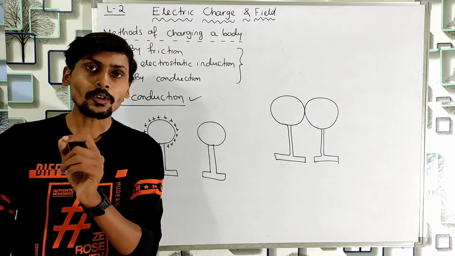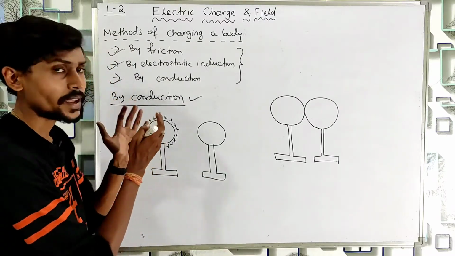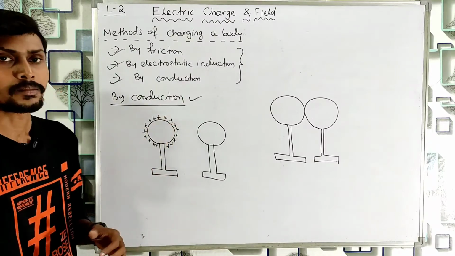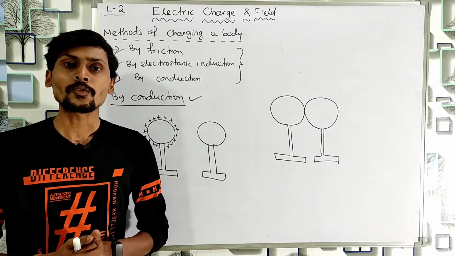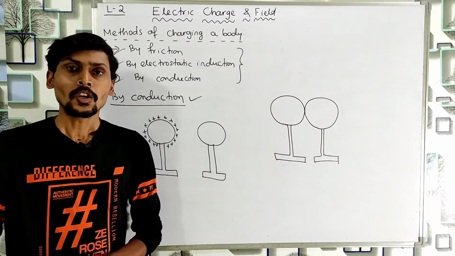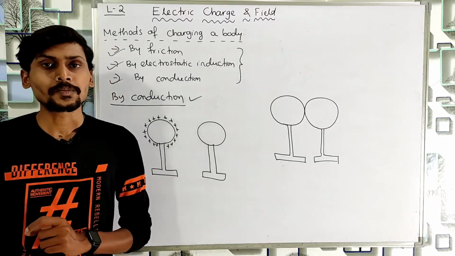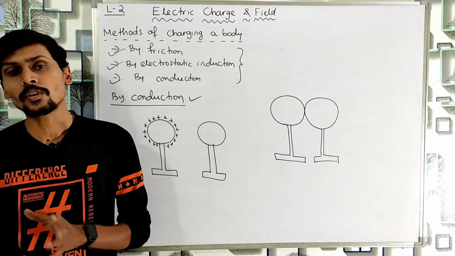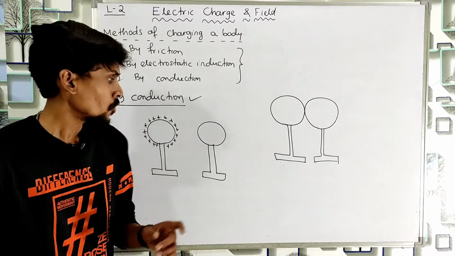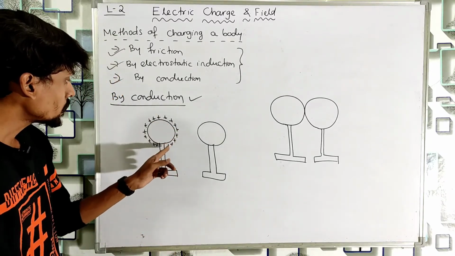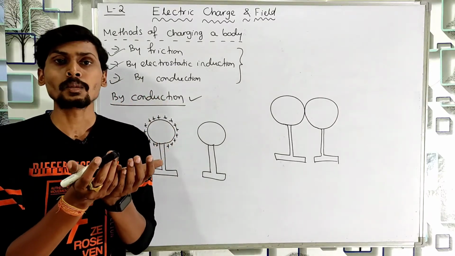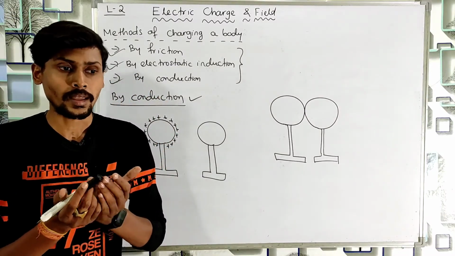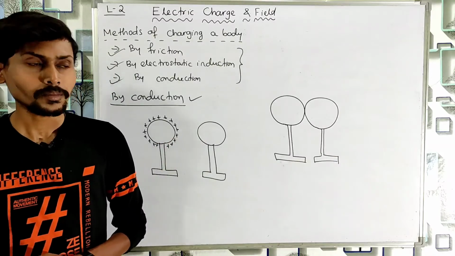Because all the positive charges or all the negative charges, if you give it negative charge, then also there will be repulsive force among the negative charges. So the like charges always try to stay at maximum distance from each other. So they are lying on the surface, because on the surface they will get maximum area, and that's why they can have maximum distance from each other.